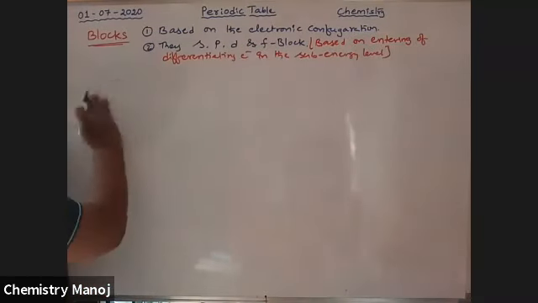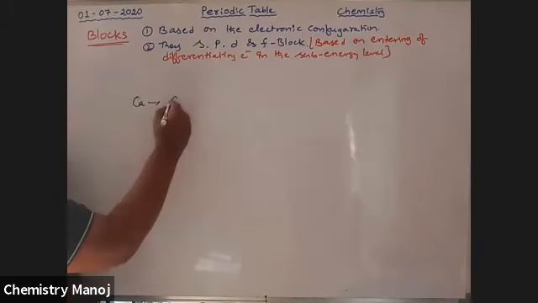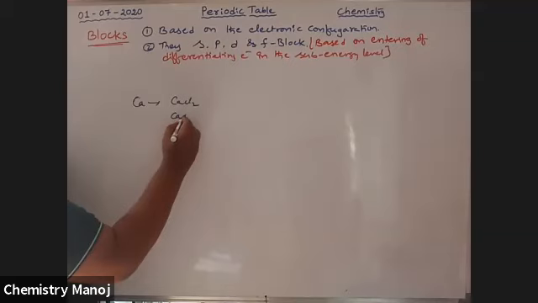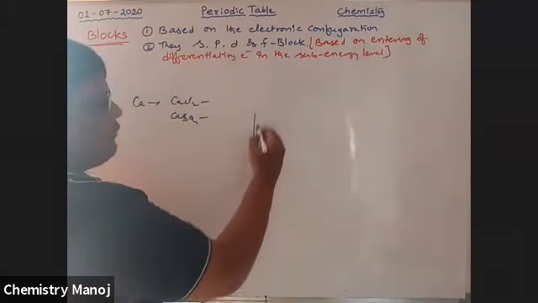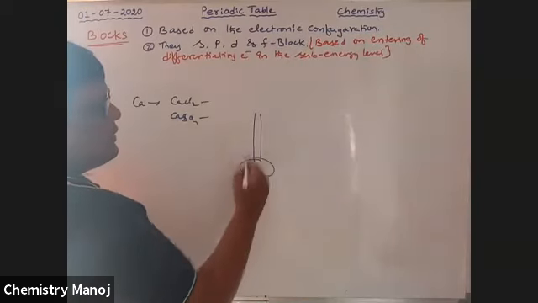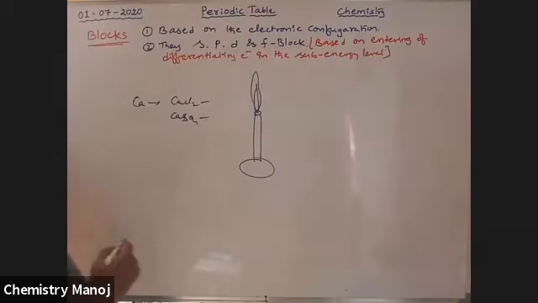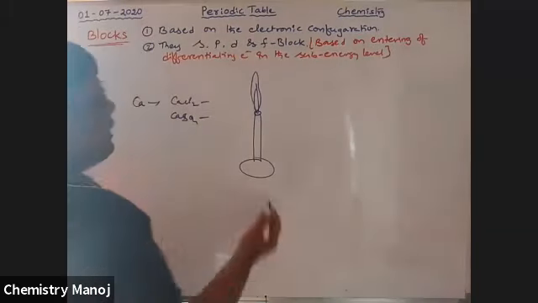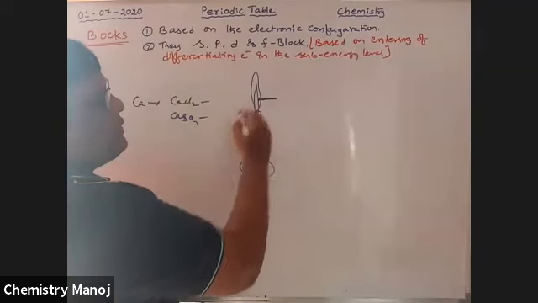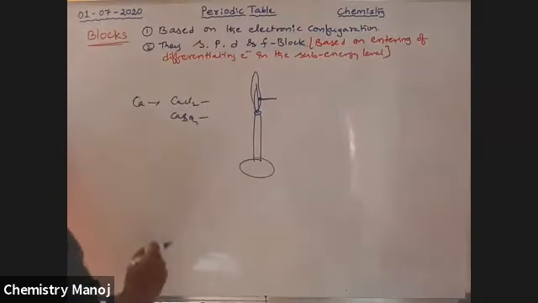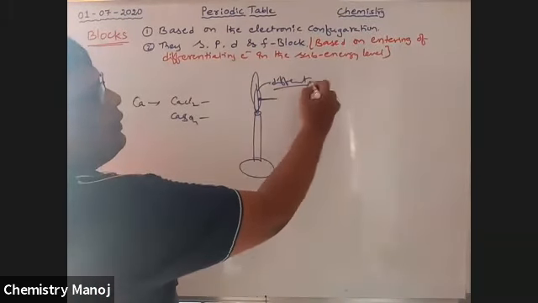For example, a calcium salt, like CaCl2 or CaSO4, calcium sulfate, whatever the salt may be, when it is placed in a Bunsen burner flame. The Bunsen burner is like this, and here the flame is available. When we place the salt into the flame, the flame shows different colors.